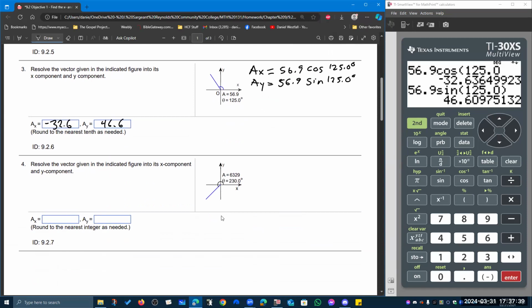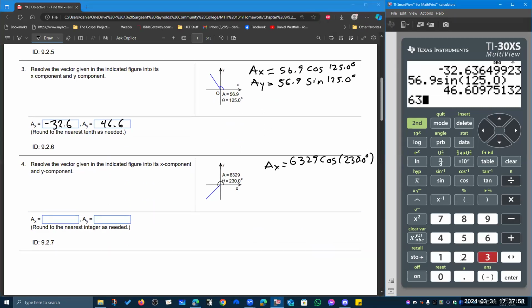We're in quadrant 3, so we expect a negative x component and a negative y component. So a sub x is going to be 6329 cosine of 230.0 degrees. Watch out, we've been rounding to the nearest tenth, but now they want us to round to the nearest integer.